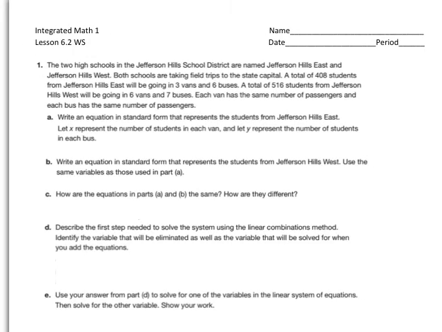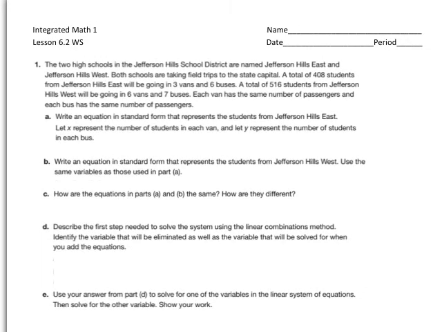And then I'm going to highlight the information for East. I'm going to use blue for West. There's the key data right there.